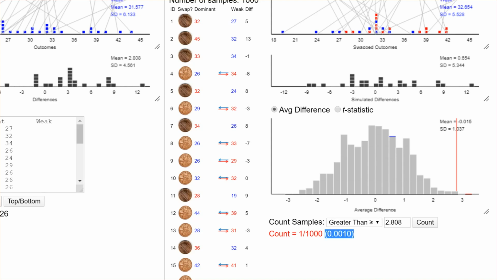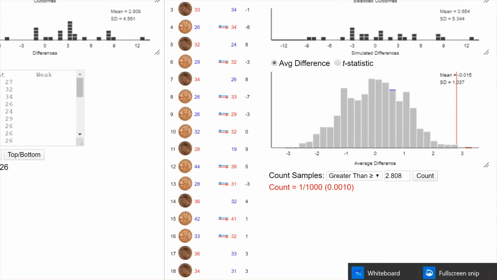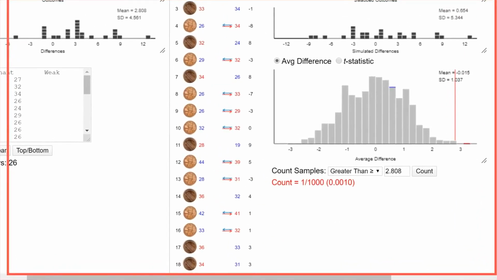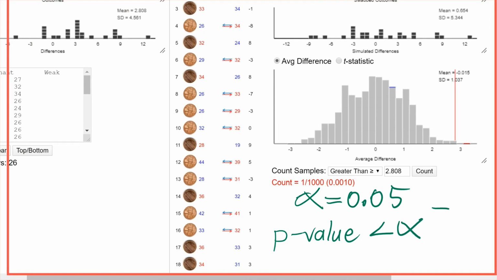Well, this p-value is definitely smaller than our significance level of 0.05. Let's say our significance level would be 0.05. Is the p-value smaller than our significance level?